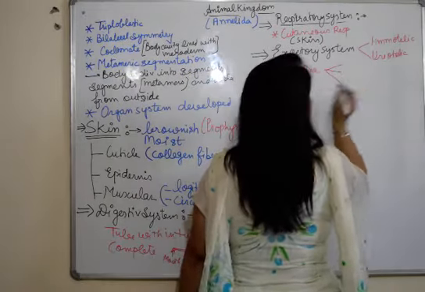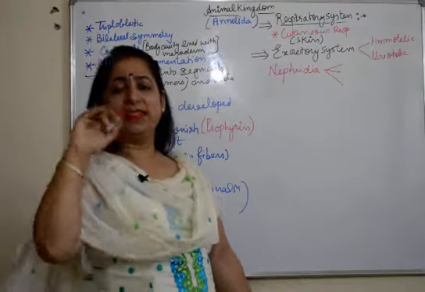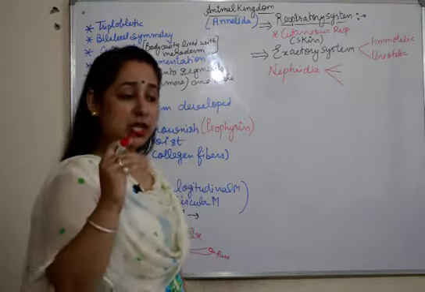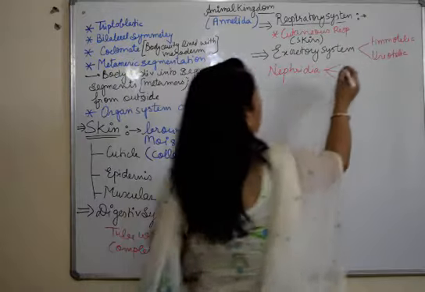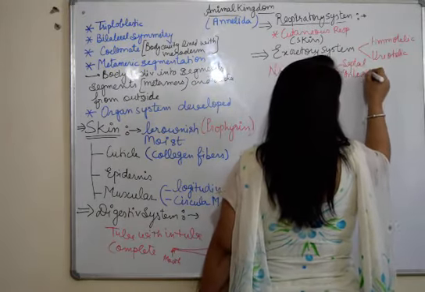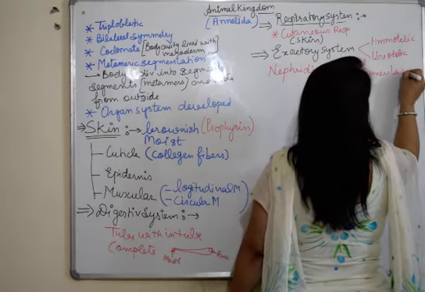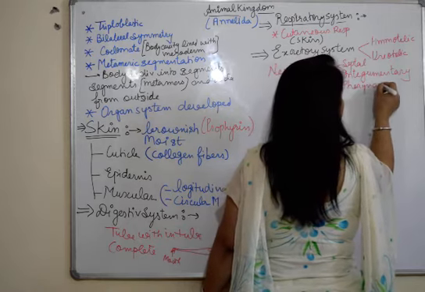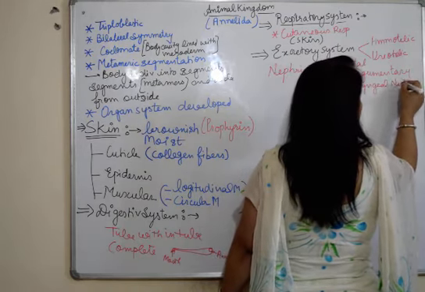There are 3 types of nephridia. They are septal, integumentary, and the last one is pharyngeal nephridia. Fine.